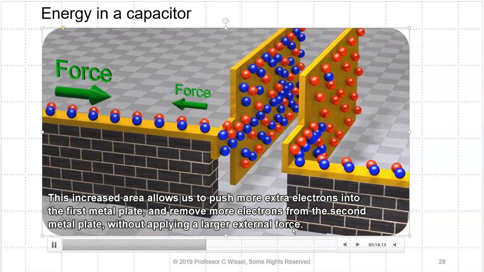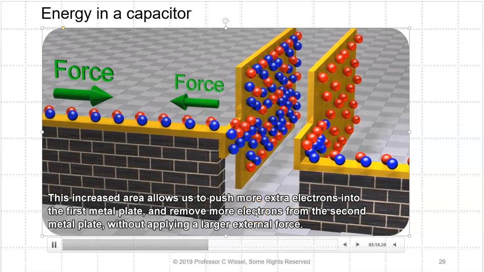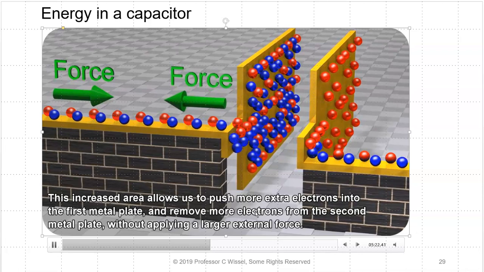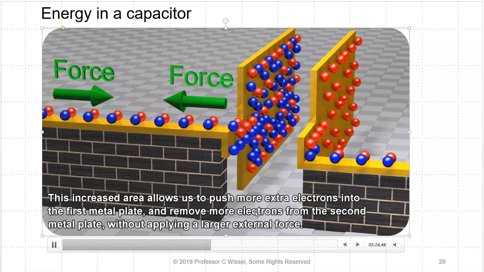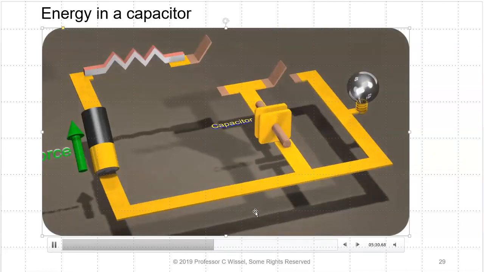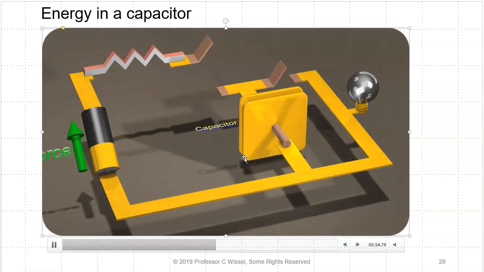In other words, without a battery of a higher voltage. This is represented by a larger capacitor.